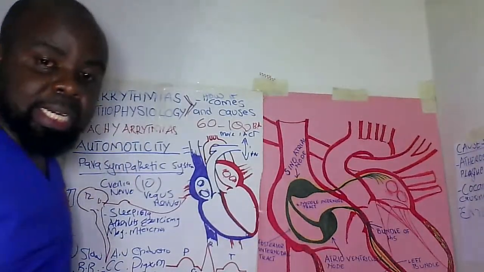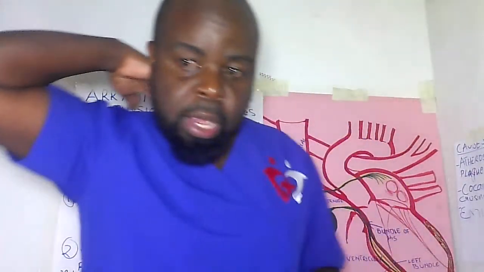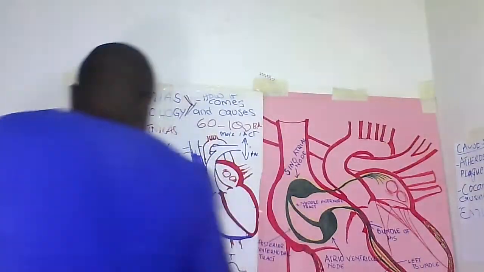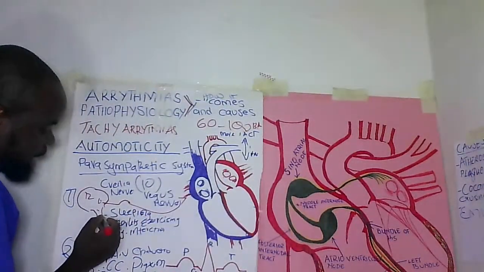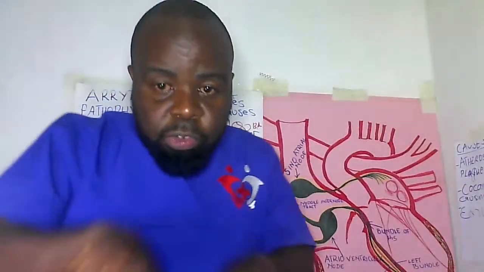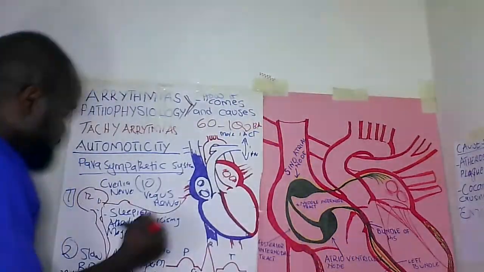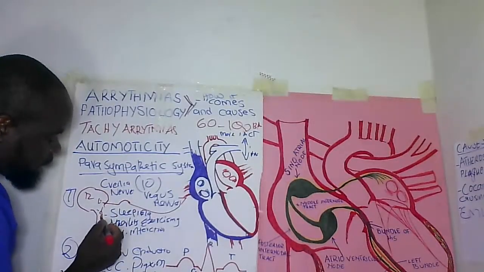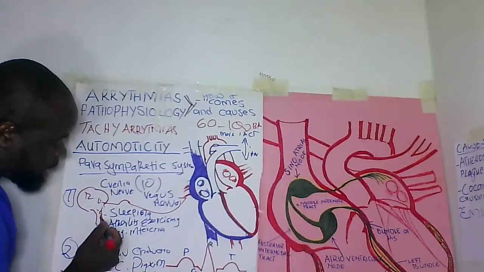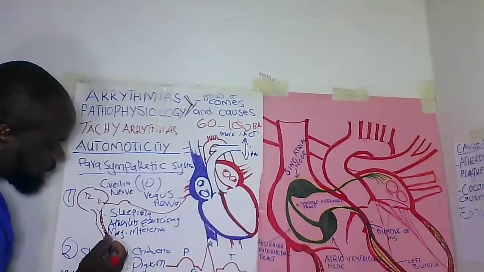Now, the sympathetic nervous system is at your back, the spinal cord, those bones. They are the nerves that come out from those bones. We have lumbar, we have thoracic.